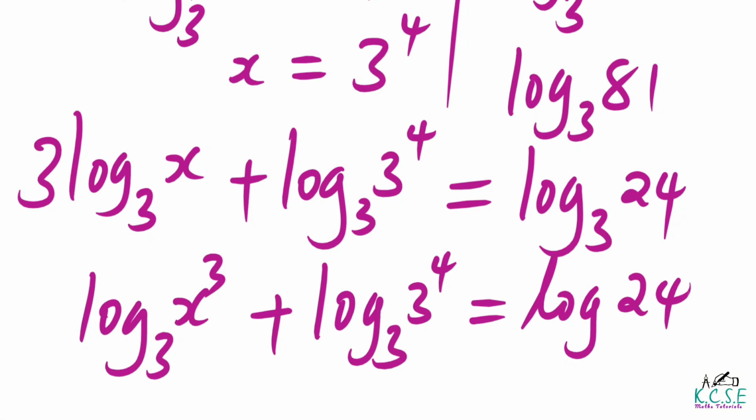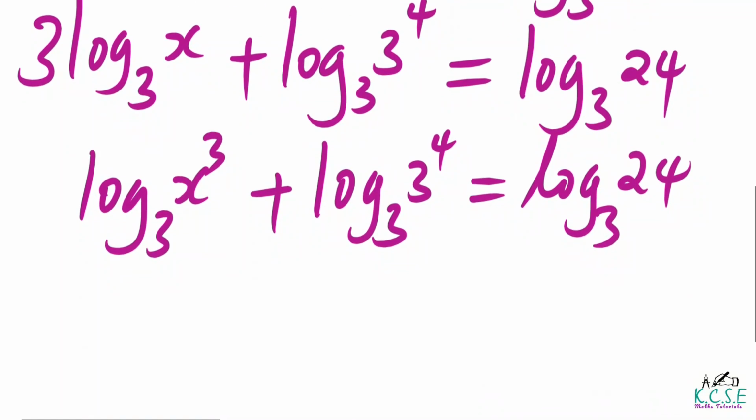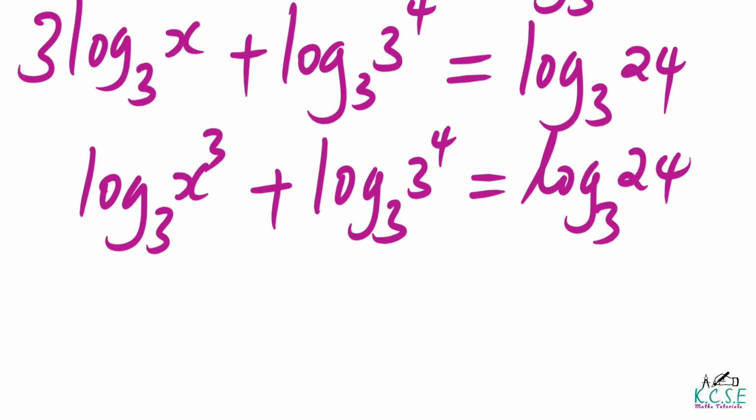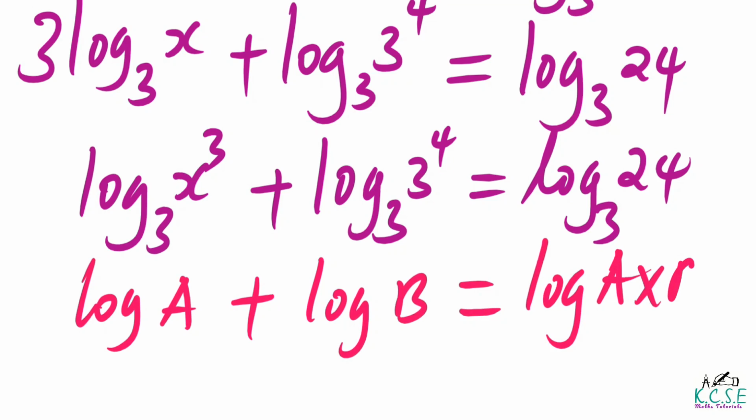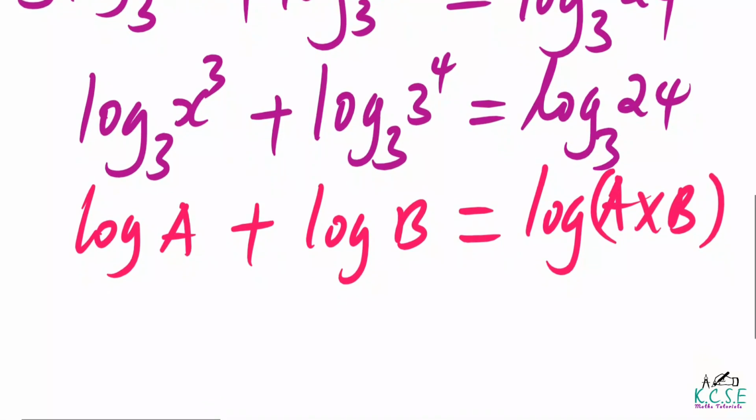Now, recall from the previous lesson that logarithm of a plus logarithm of b is given by logarithm of a times b. That is a basic law of logarithm. So if you apply this one in this question, this is what you shall have.